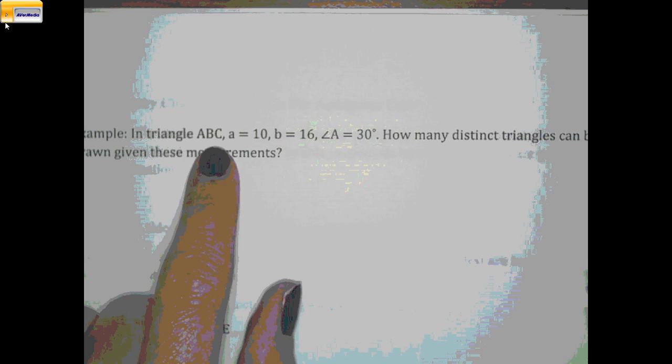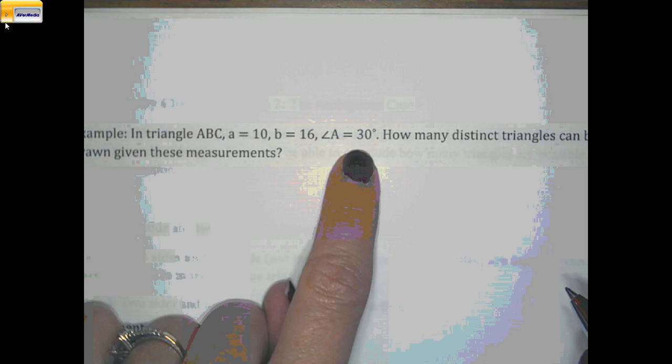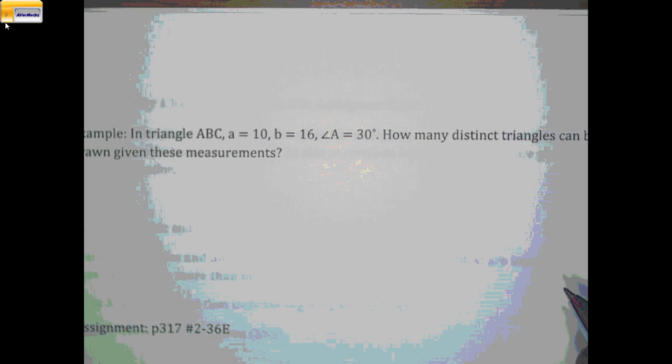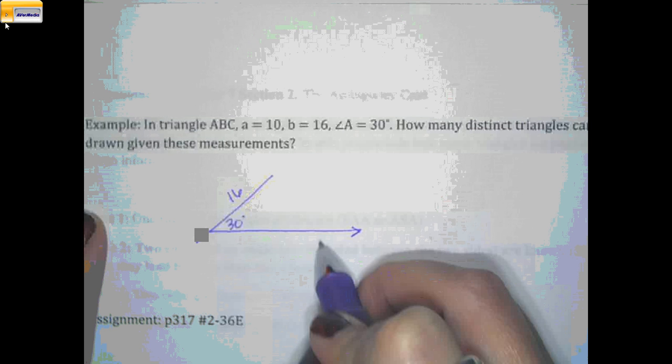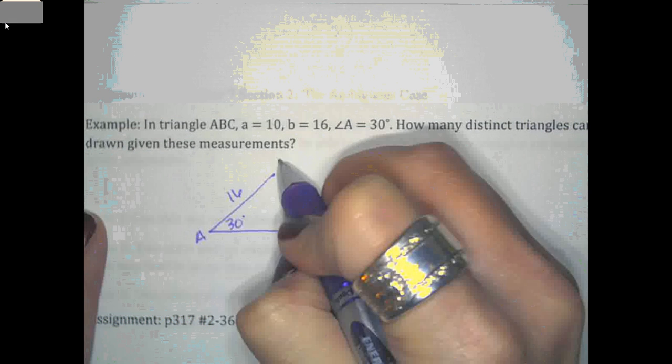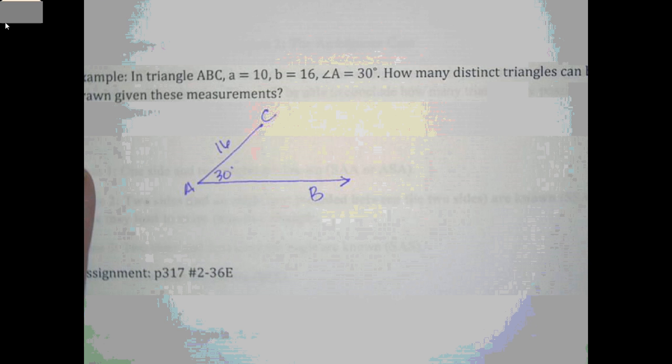This is sort of our last example together. In triangle ABC, A is 10, B is 16, A is 30 degrees. Again, how many triangles can we make? So let's see here. Here's my line. Here's my 30 degrees. And they tell us this time they're using B, and it's 16. So B is over here somewhere. I don't know where. And here's my C. Again, we've already figured out the height.